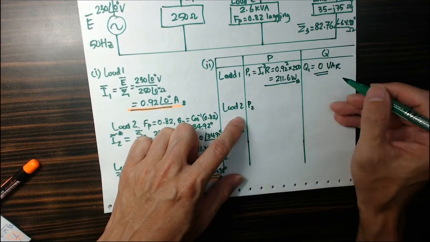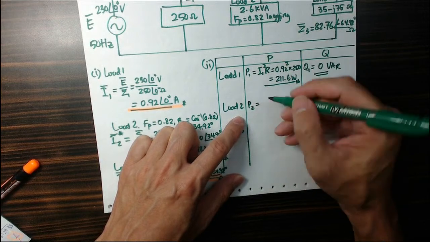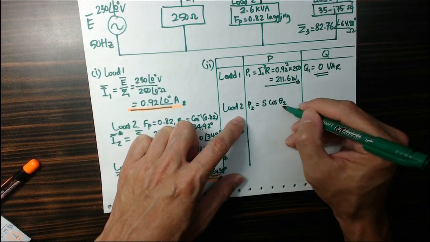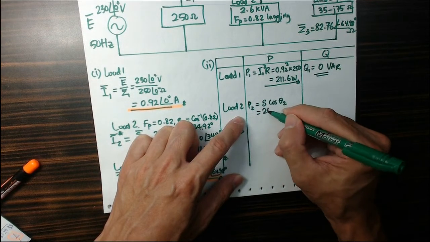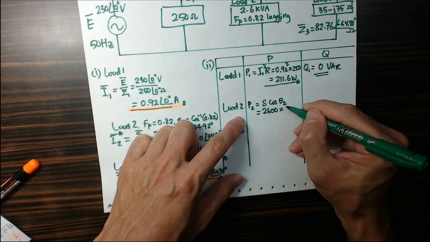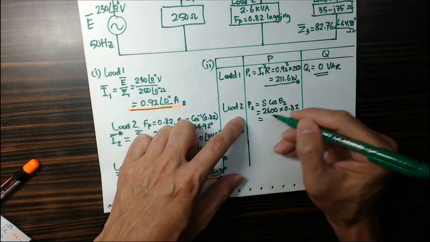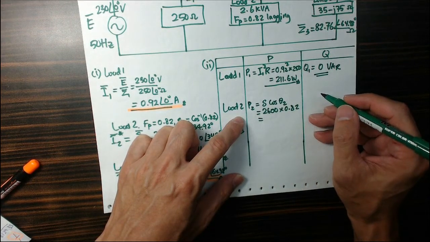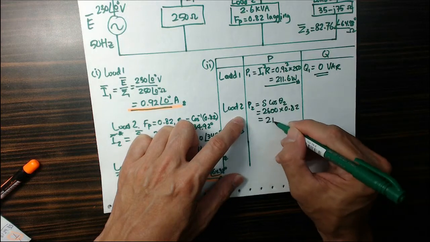P2 can be calculated using the formula S cosine theta. That's 2600 times 0.82, and that will give me 2132 watts.